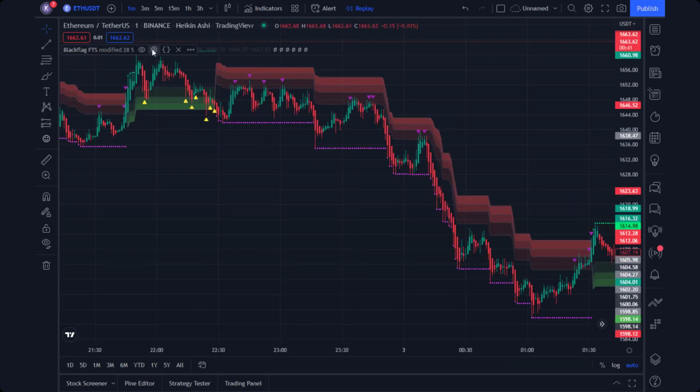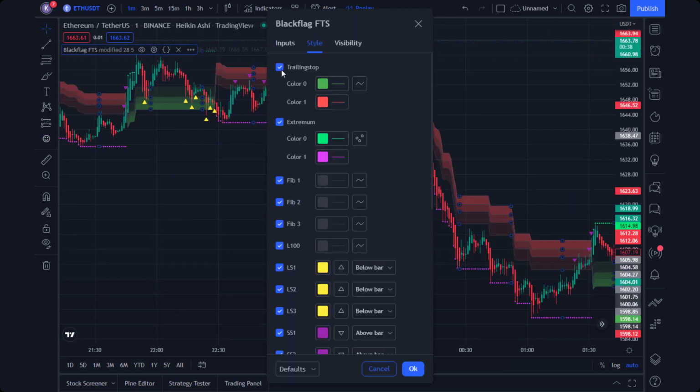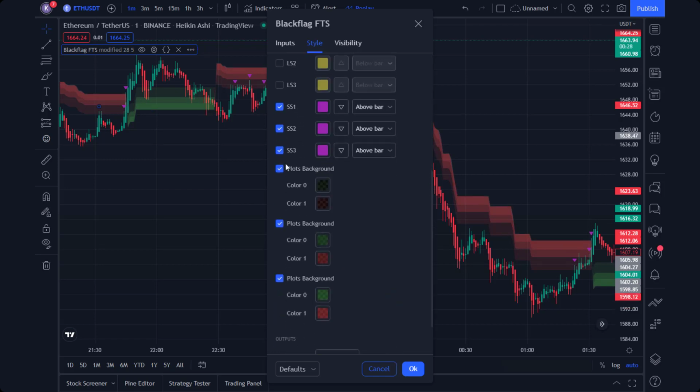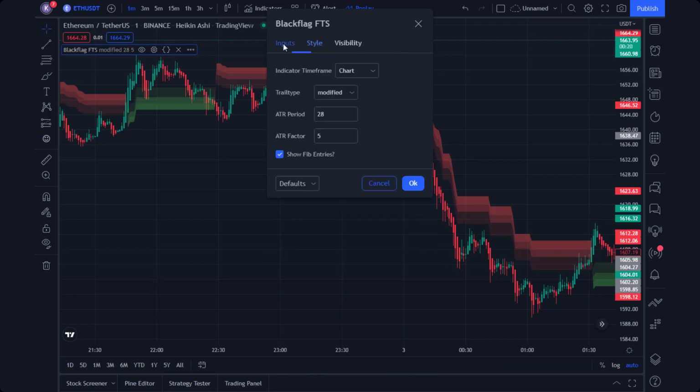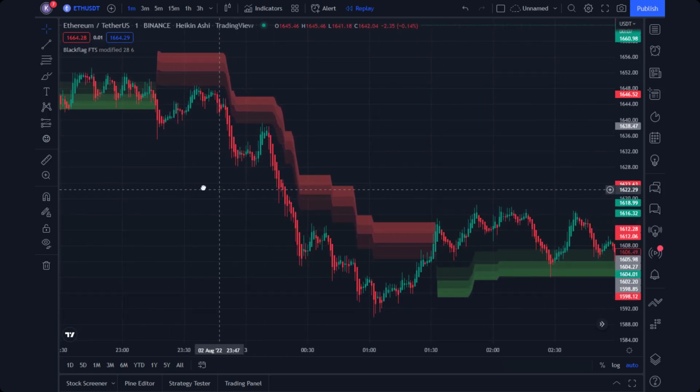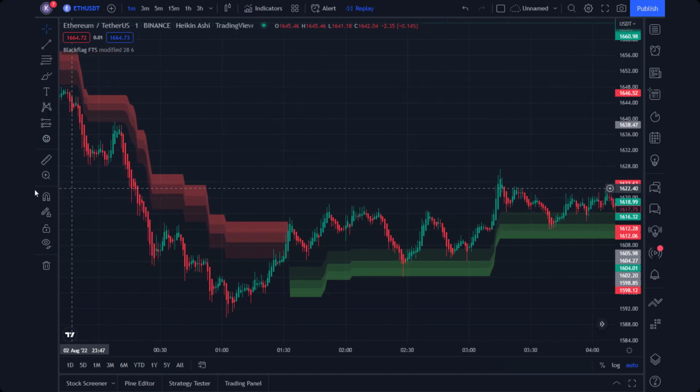From the indicator settings, enter the style section and remove all these ticks, except for the third to last item, which is the plot background. From the input section, we increase the ATR factor value and set it to 6 and click OK. This indicator shows us the upward or downward trend with these thick red or green lines drawn above the candles.